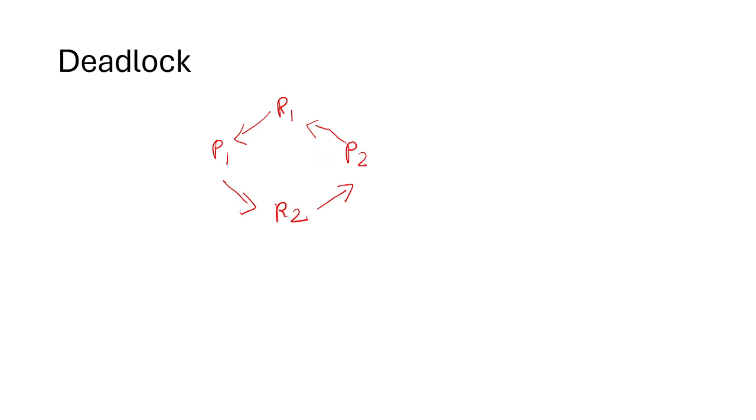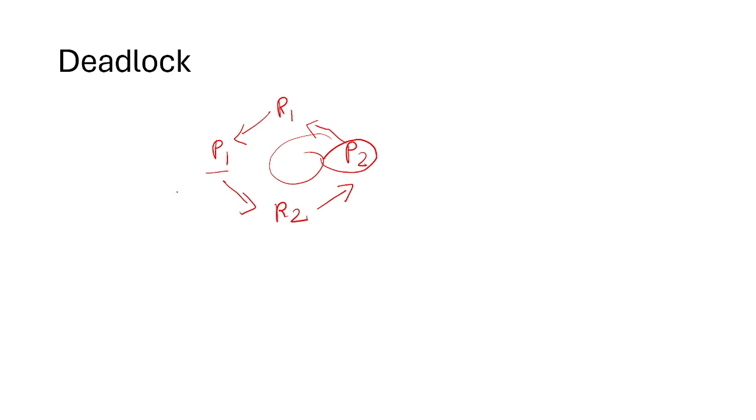P1 cannot get R2 till P2 releases it. P2 cannot release resource R2 till it gets R1. So it forms a cycle. This situation is called a deadlock.